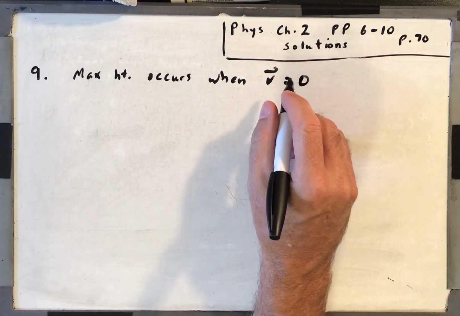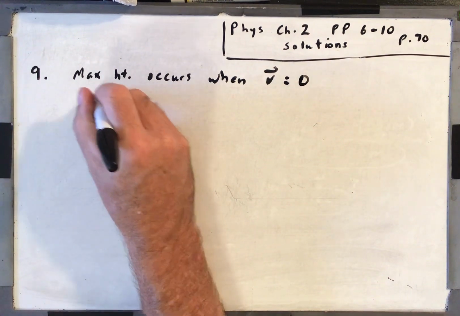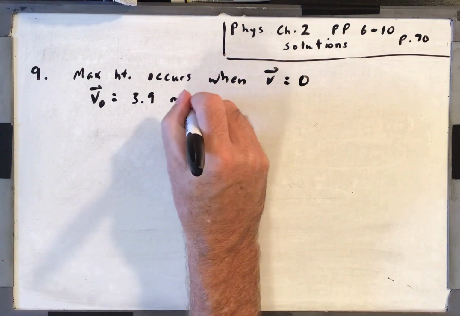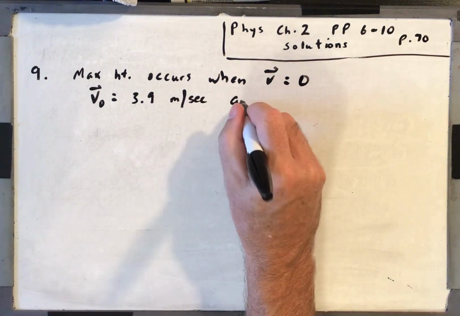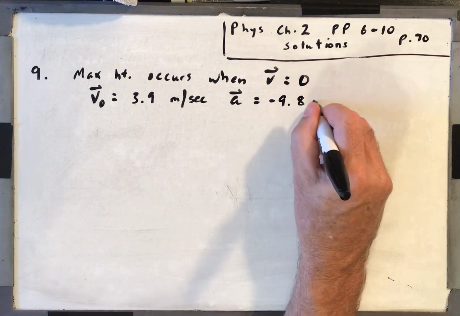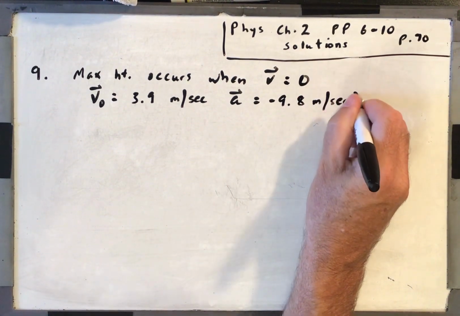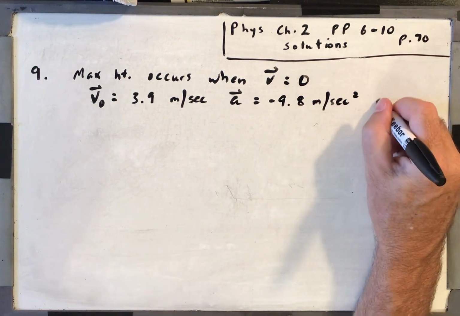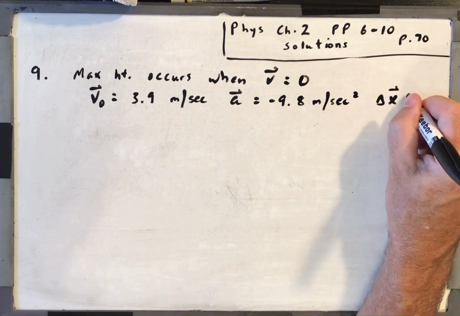Okay, the initial velocity, v naught, is 3.9 meters per second. And we know this is a free fall problem, so acceleration is negative 9.8 meters per second squared. And we want to know the maximum height, that's displacement.